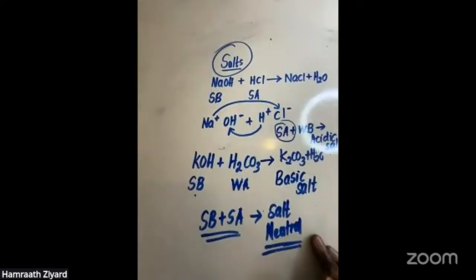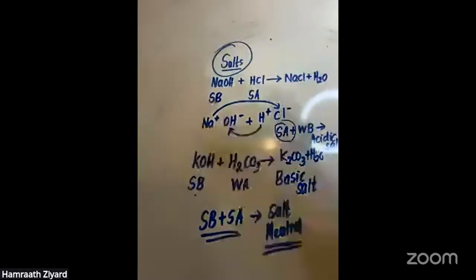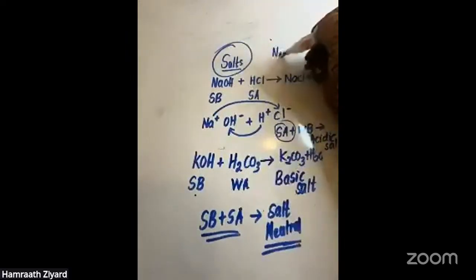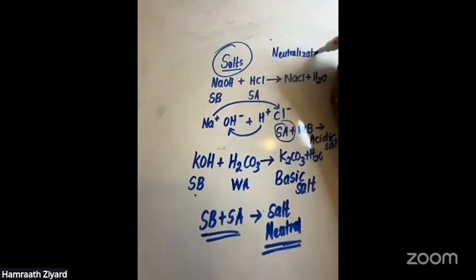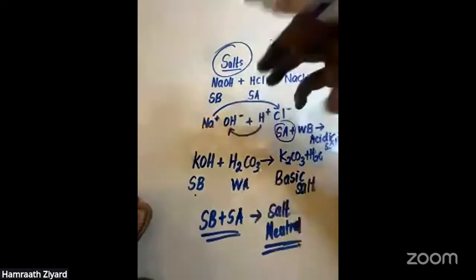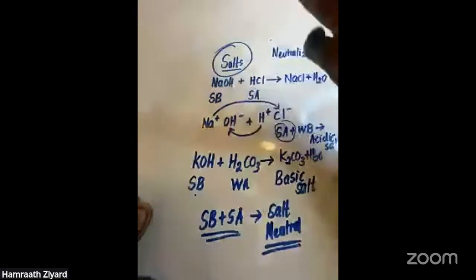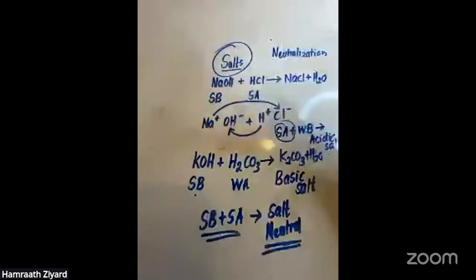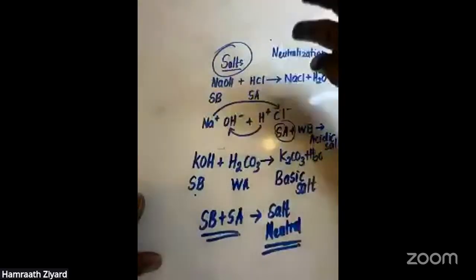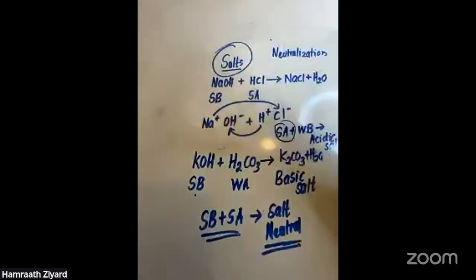Yes. Right. Now we have to go with the lesson, the part of the lesson called neutralization. Neutralization means if you have an acid, that acid will release H plus ion. And if you have a base, it will release OH minus ion, hydroxide ion.